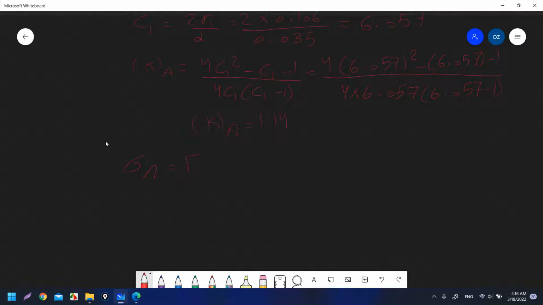Sigma A is equal to F max times K at point A times 16D over pi D cubed plus 4 over pi D squared.